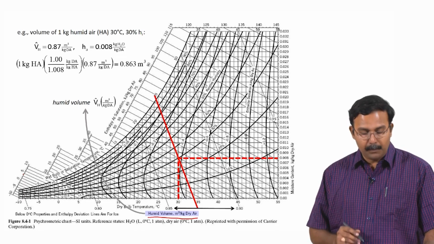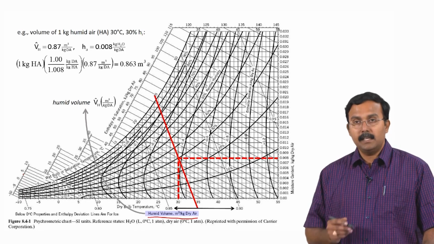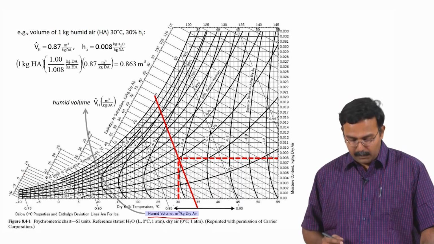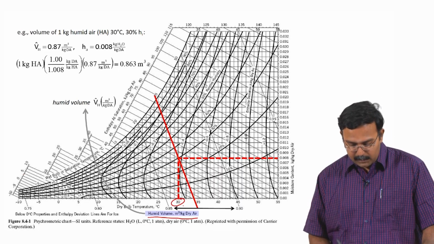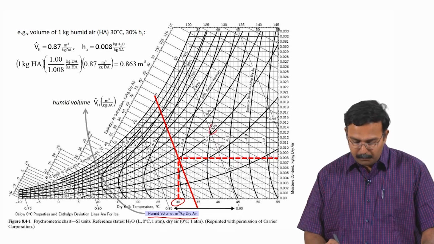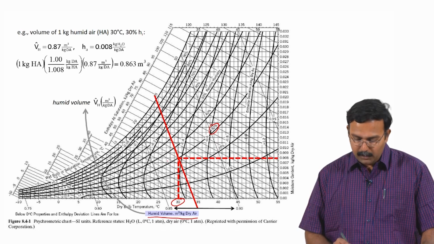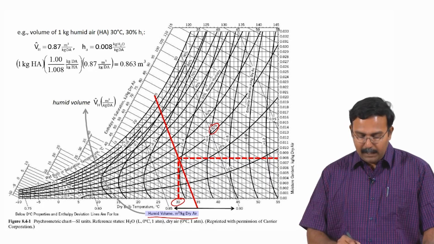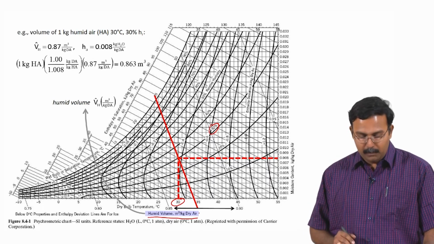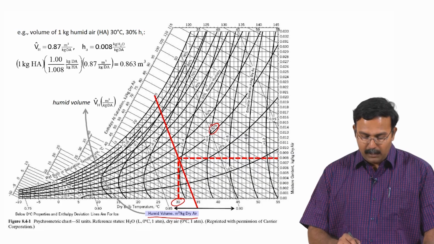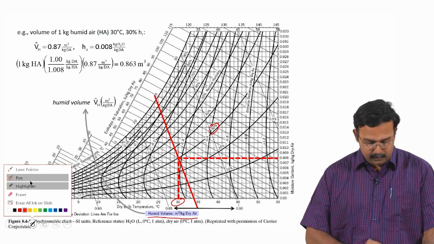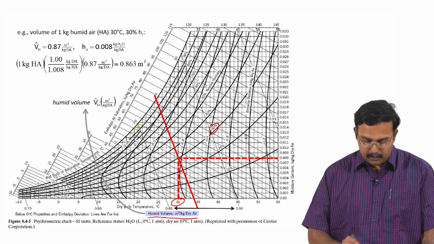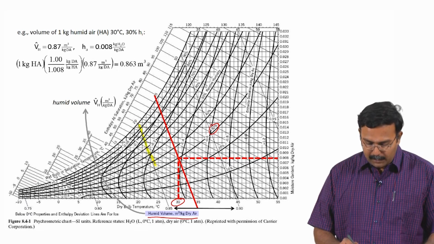Take the example of 30 degrees Celsius and 30% relative humidity. So, this is 30 degrees Celsius, and we want to go to the 30% relative humidity curve. We take this line all the way to this point, and from here we can calculate the humid volume by drawing lines parallel to these axes, which are the cross axes. You see these cross plotted axes here.